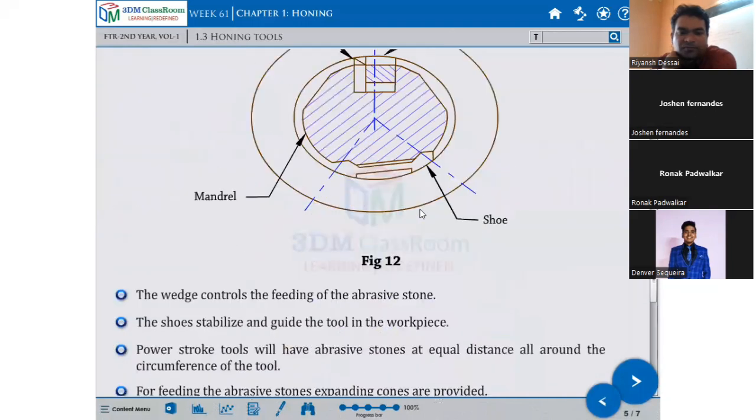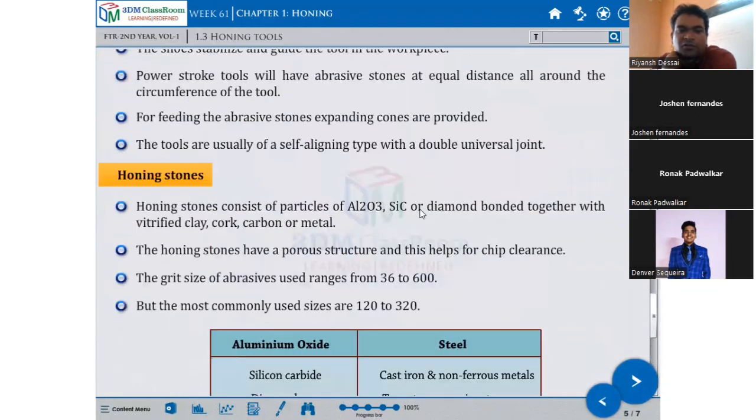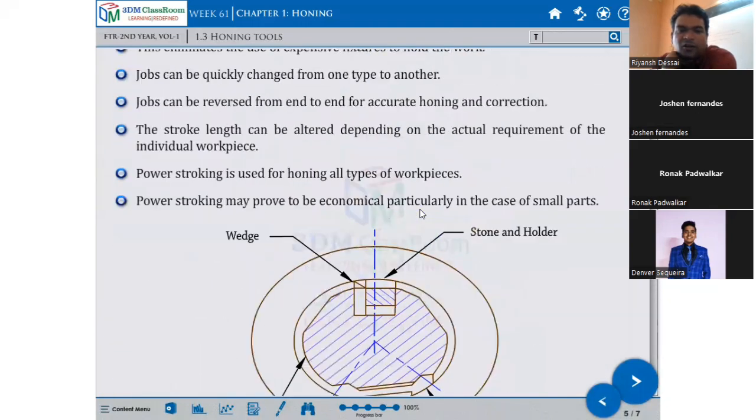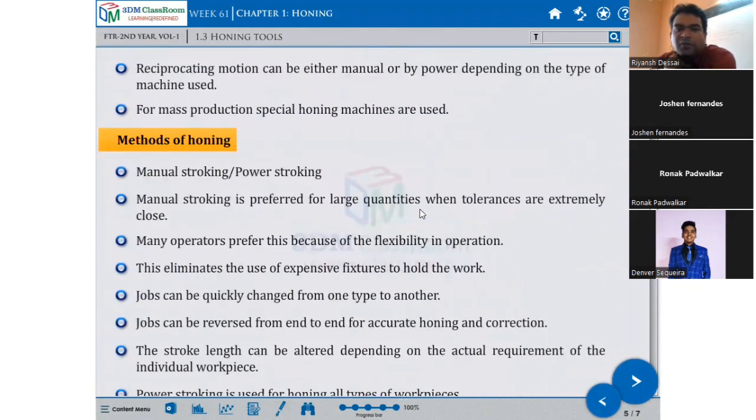Methods of honing. If you want, you can read how this honing is carried out. It can be done by manual stroke or power stroke. Manual stroke is preferred for large quantity with tolerance extremely close, and many operators prefer this because of the flexibility in operation.